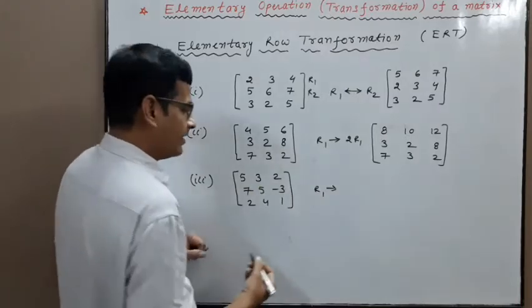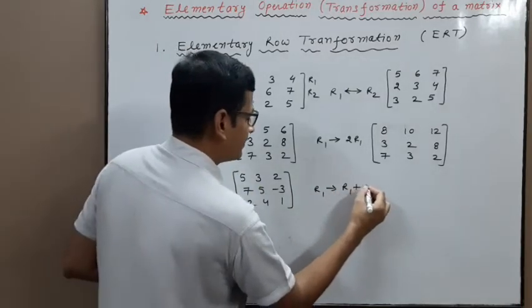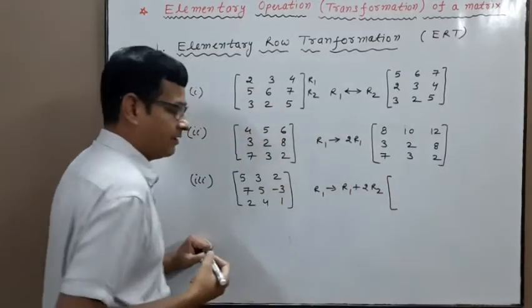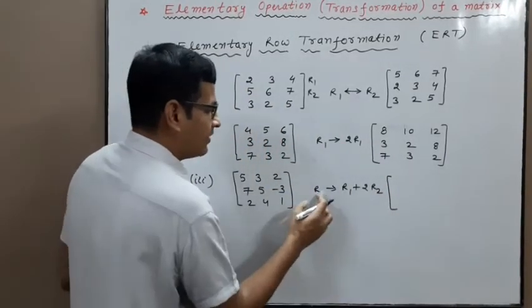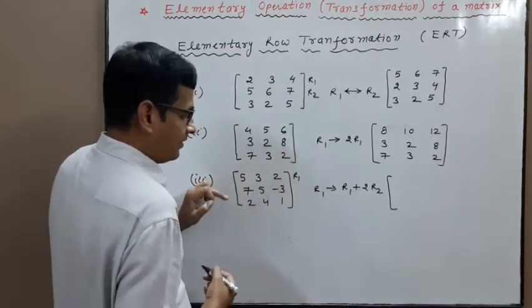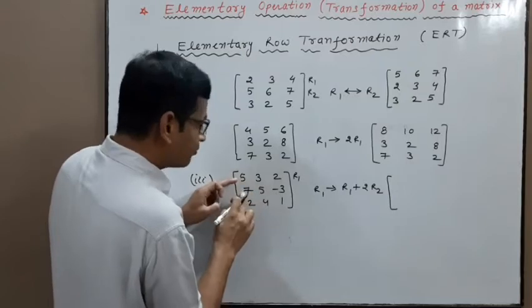If I write R1 tends to R1 plus 2 into R2, what is the meaning of this? R1 tends to R1 plus 2R2 means in place of R1 write R1 plus 2 into R2.